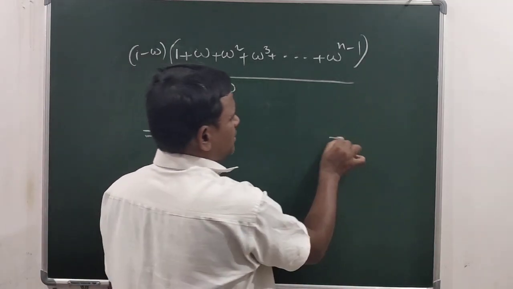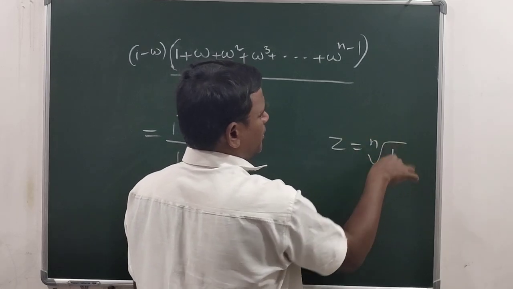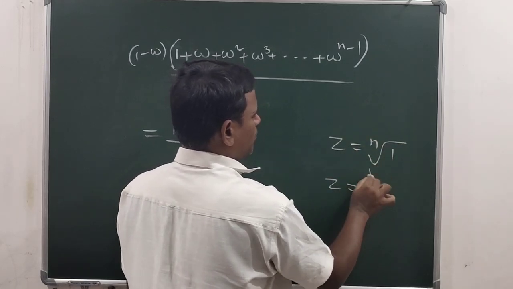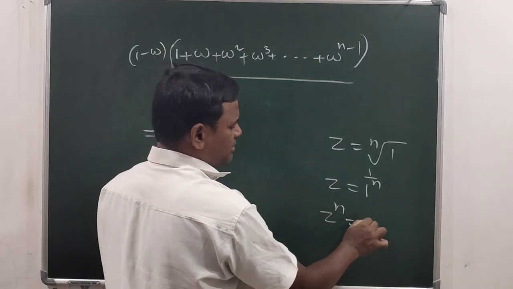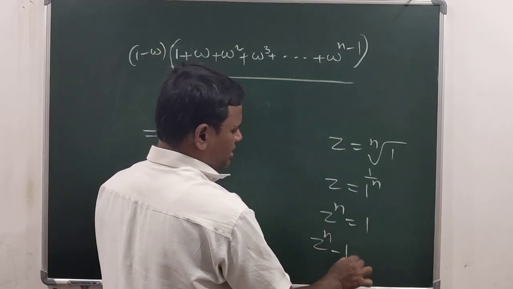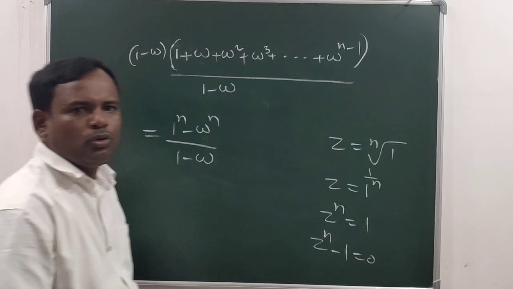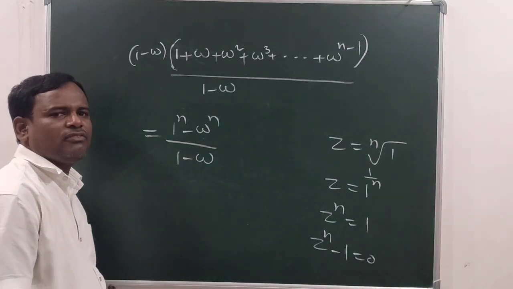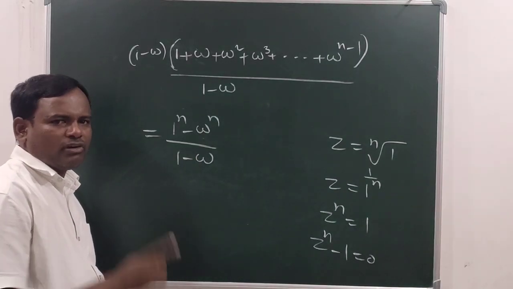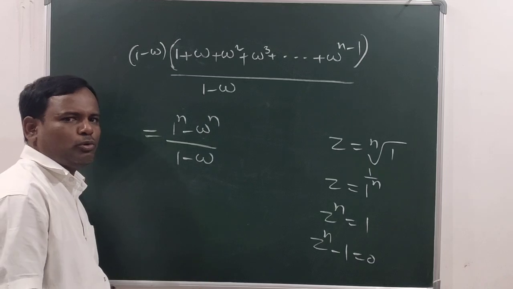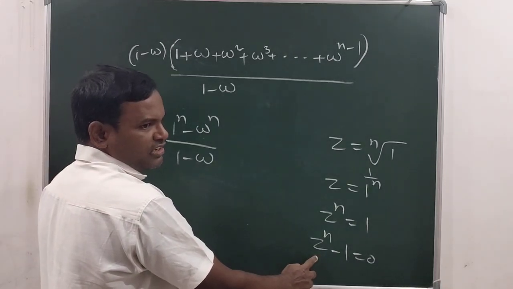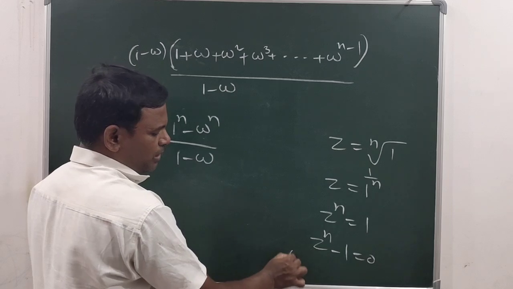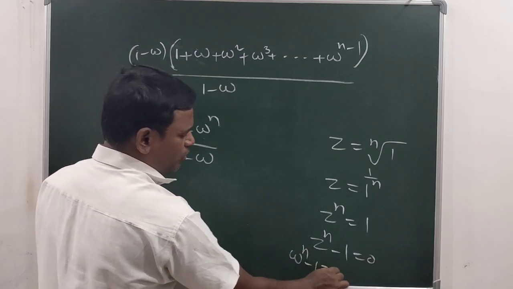Okay, students, z is equal to nth root of 1. Now, z is equal to 1 power 1 by n you can write. Now take power n on both sides. Now z power n minus 1, which is equal to 0. Omega is one of the roots of 1, omega, omega square and so on, omega power n minus 1, no? Omega is one of the roots of this equation. Hence put z is equal to omega. Omega power n minus 1 equal to 0.